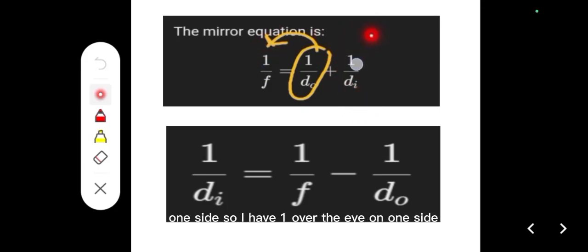Then 1 over f is retained. From positive 1 over do, it becomes negative 1 over do because it crosses to the other side. So my equation is now 1 over di equals 1 over f minus 1 over do.